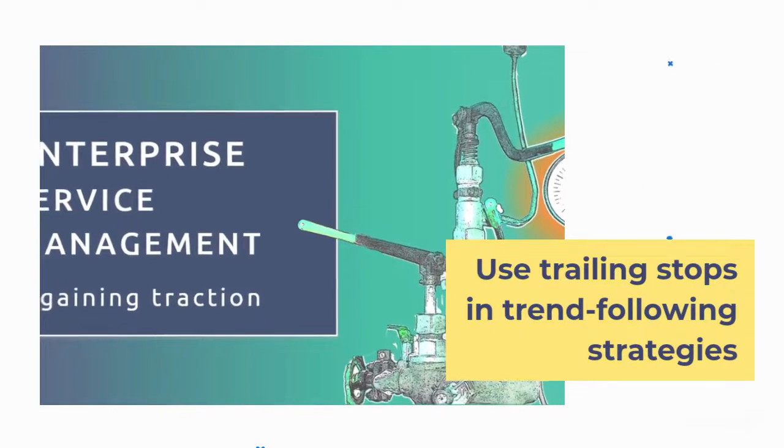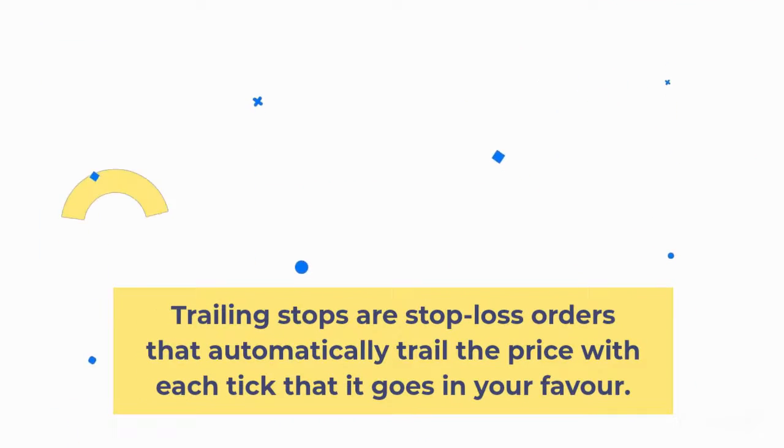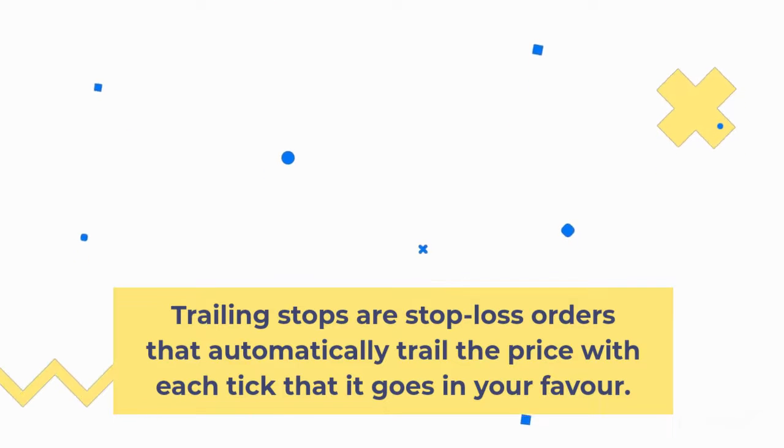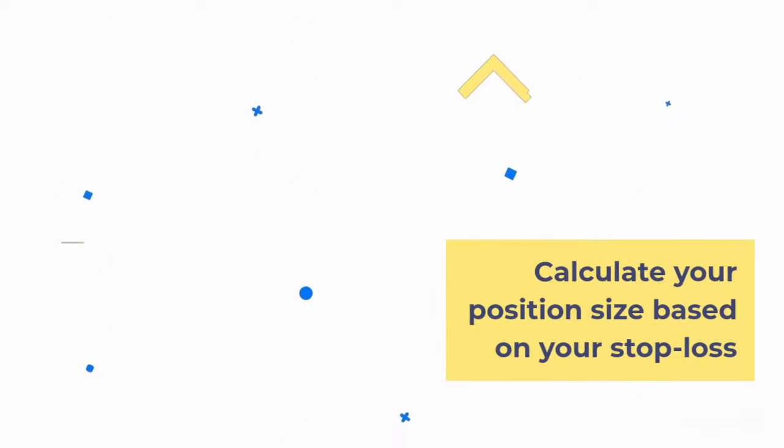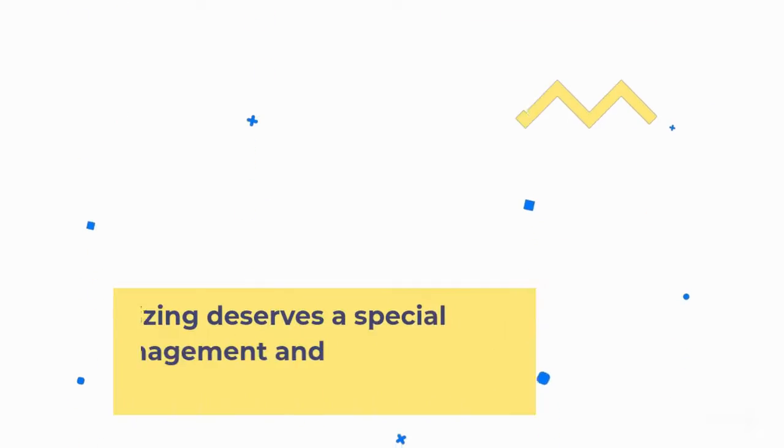Use trailing stops in trend-following strategies. Trailing stops are stop-loss orders that automatically trail the price with each tick that it goes in your favor. Another popular risk management technique is to lock in unrealized profits by moving your stop-loss level in a profitable trade. Calculate your position size based on your stop-loss.